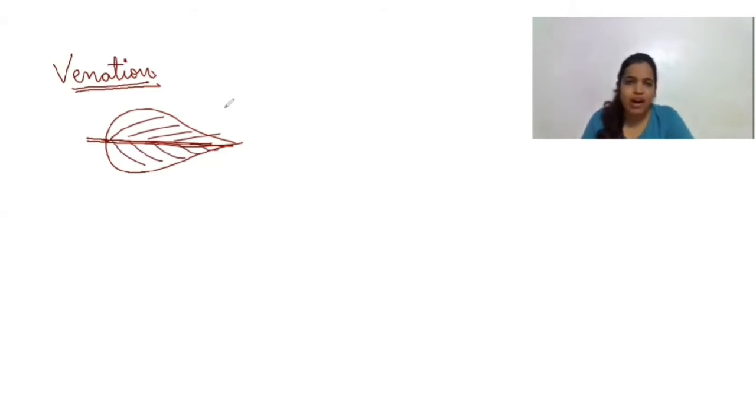So this main part is the midrib or veins, and its branches are known as venlets. So veins and venlets are there in the leaf. The branches of the veins are known as venlets. Clear? So this is midrib. These are the veins, and further branches are there like this. Then the venlets are formed like this. Clear? So simple definition of venation is what? Arrangement or patterns of arrangement of veins, venlets, midrib in the leaf.